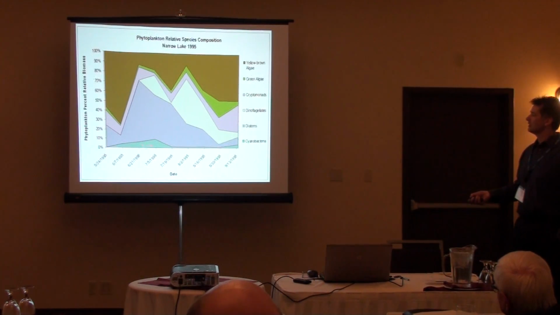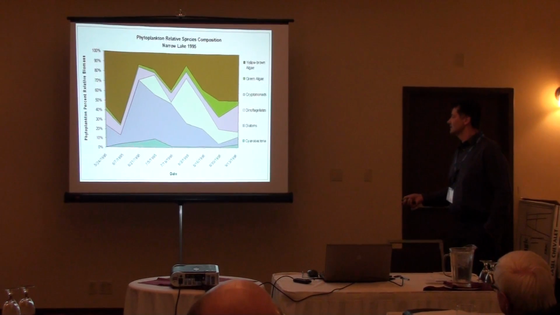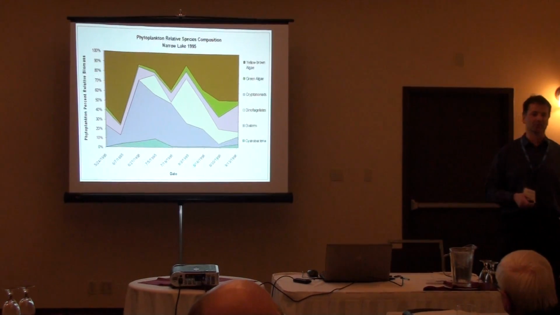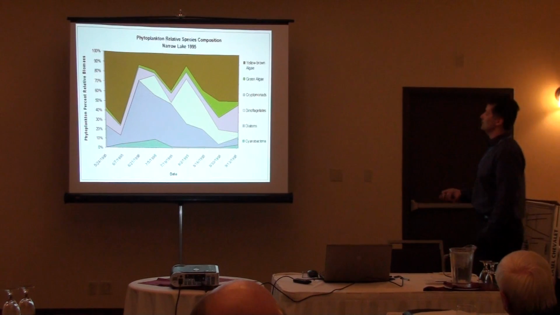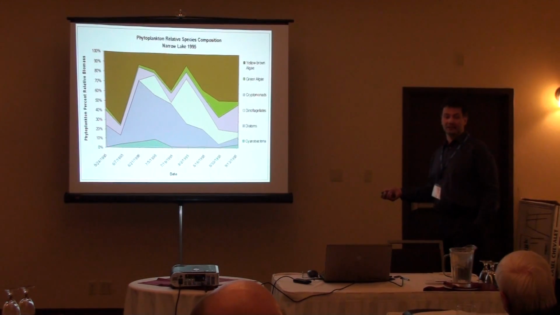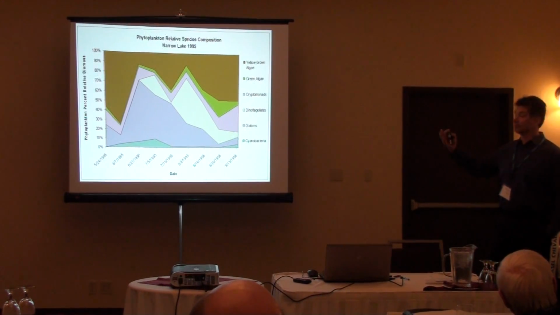I can tell you, because this is data from my PhD thesis back in 1995, that this cyanobacteria was not a surface blooming cyanobacteria in this particular lake. This is actually a metalimnetic species that lives way deep down. This is Planktothrix. So cyanobacteria live in all of our lakes, just not necessarily creating those surface blooms.